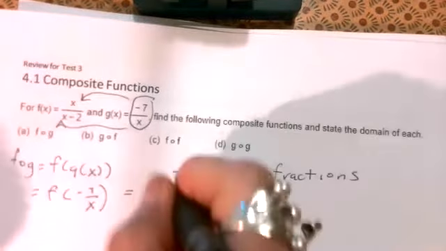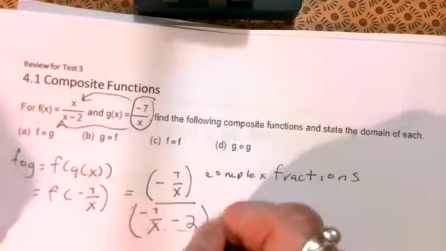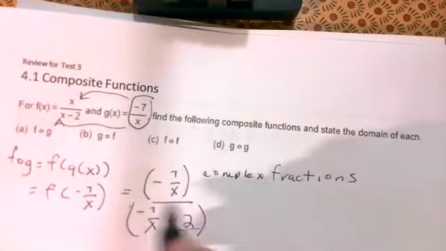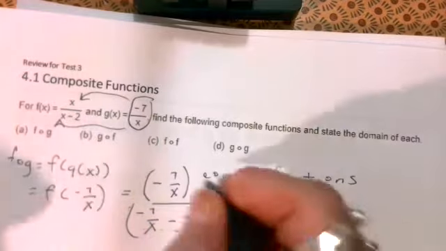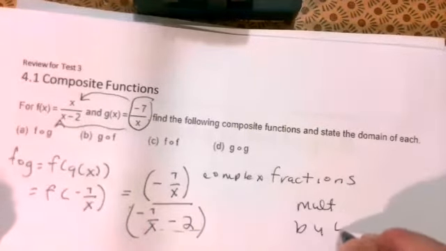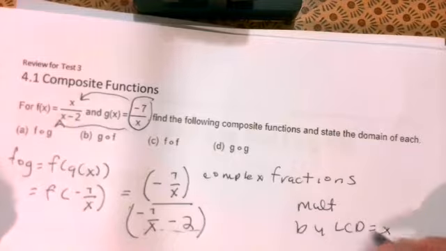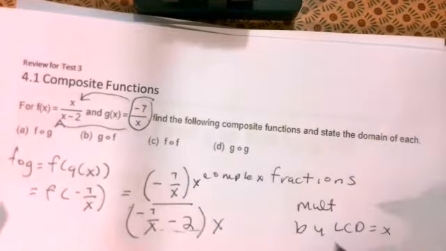Another way, which is, I think, the easier way, is just to multiply the numerator and the denominator by the same number. If you multiply by the LCD, which is x, so I'm going to multiply by x in the numerator, and I'm going to multiply by x in the denominator.